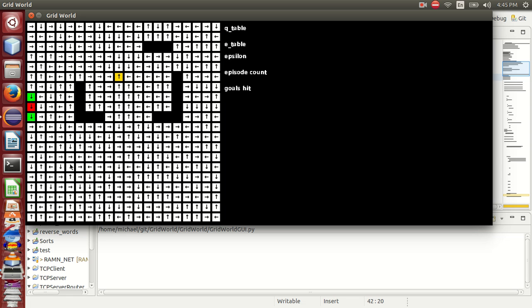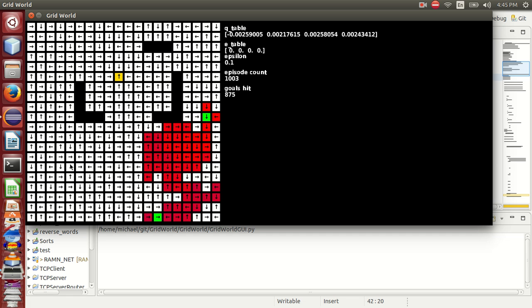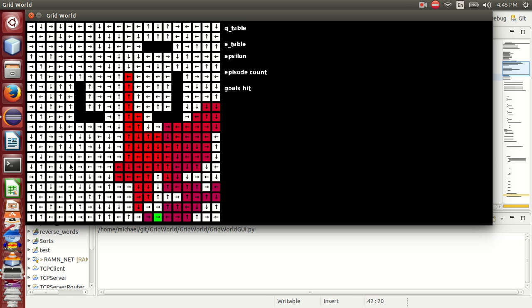Okay, so I'll talk about these colored cells. I trace the whole path. The green cell that's fixed and not moving is the starting state, and the green cell that's jumping around everywhere is where the agent currently is. As the agent moves, the cells closest to where it is will be red, and then going back to the starting state, cells that have more decay will start to turn blue.